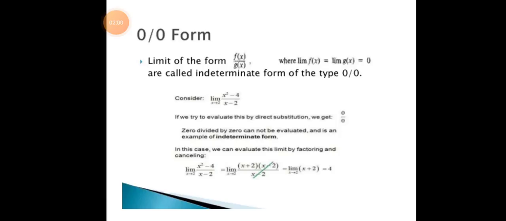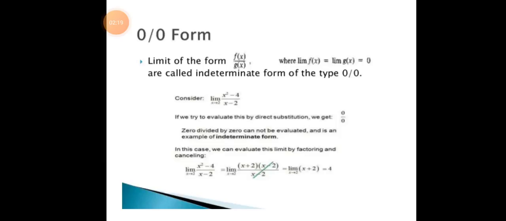Limits of the form f(x) divided by g(x), where the limit of f(x) equals the limit of g(x) equals 0, are called indeterminate form of type 0 over 0. Consider this: the limit of (x squared minus 4) divided by (x minus 2).